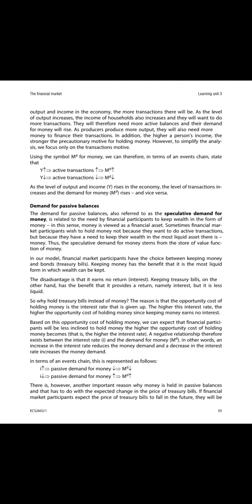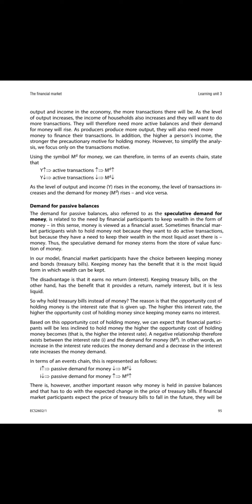If the bond market is paying well, meaning a high interest rate, we expect that you will take a portion of your money, stop keeping it as money, and instead invest it in the bond market. Hence, there is an inverse relationship between your demand for money and the interest rate.